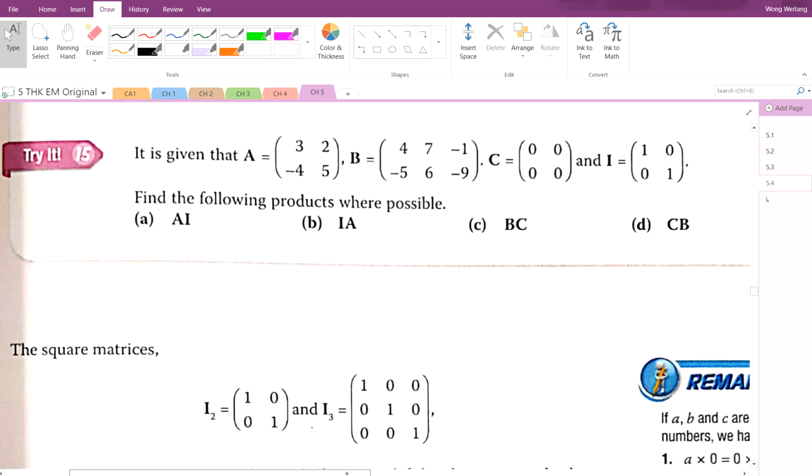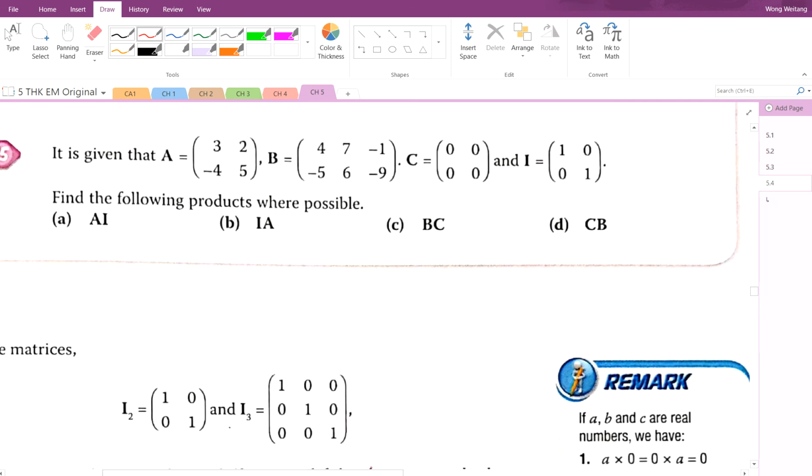Okay, now over here I've got some things to introduce to you. This C over here is known as the null matrix. Yes, NULL matrix. Then this I over here is known as the identity matrix.